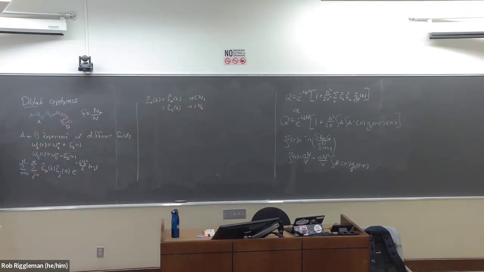So the A block interacts with one field, the B block interacts with the other field. And the same thing is going to be true for epsilon j.